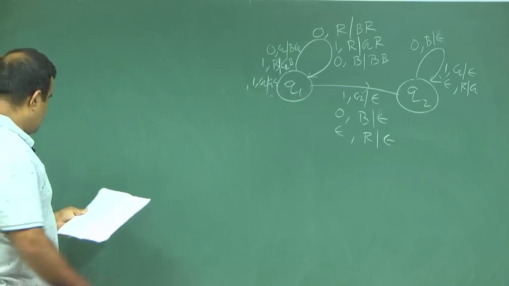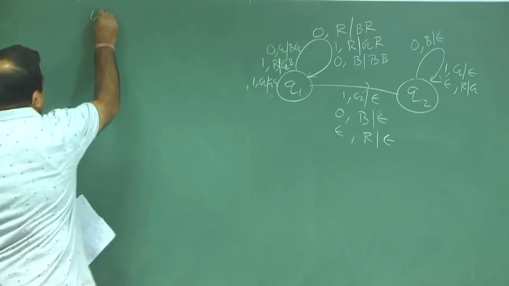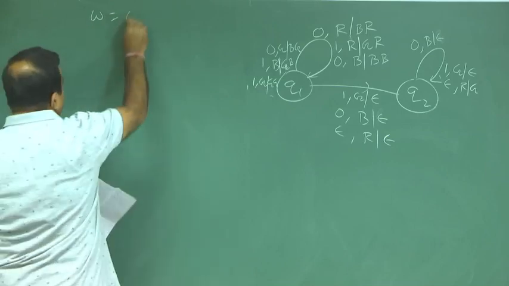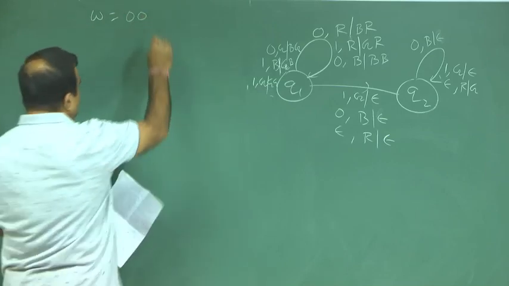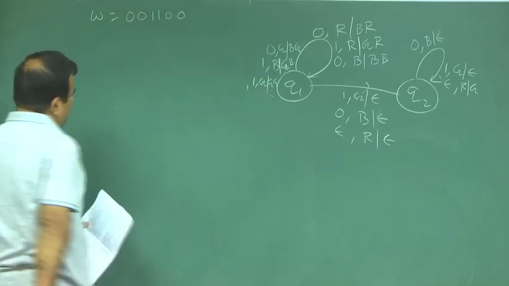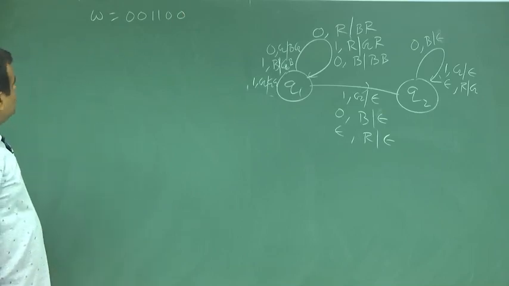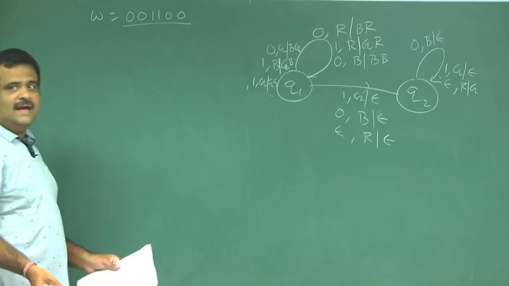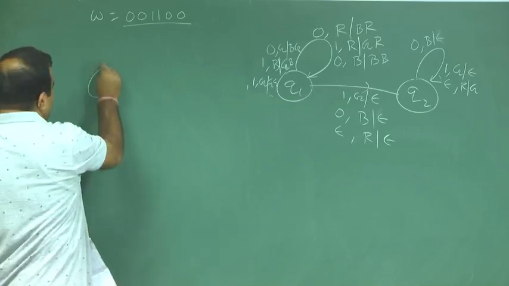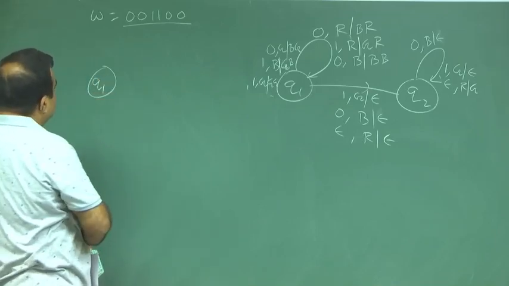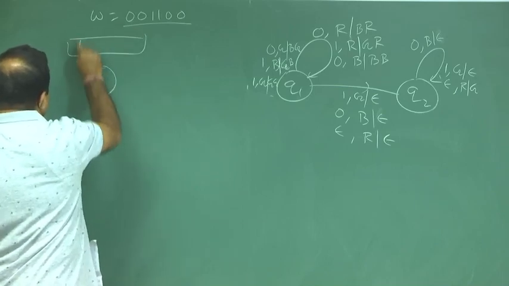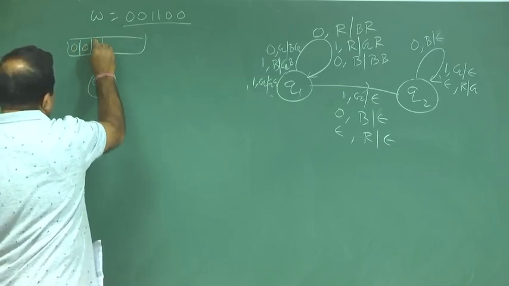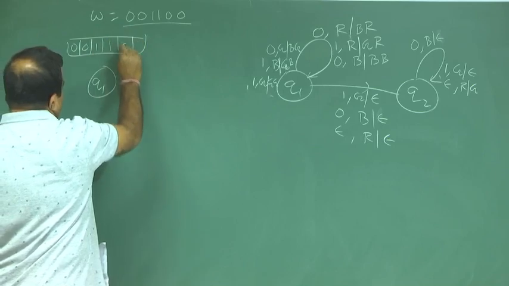So, now we want to read a string like 0 0 1 1 0 0, this is a palindrome. We put this in a tape, and we are at Q1, with the tape 0 0 1 1 0 0.